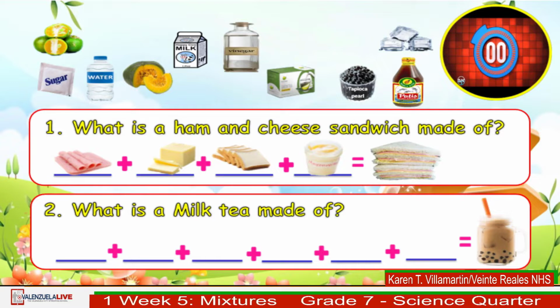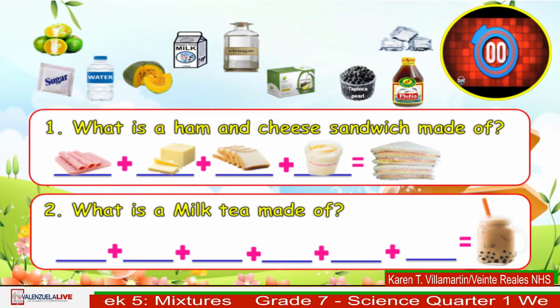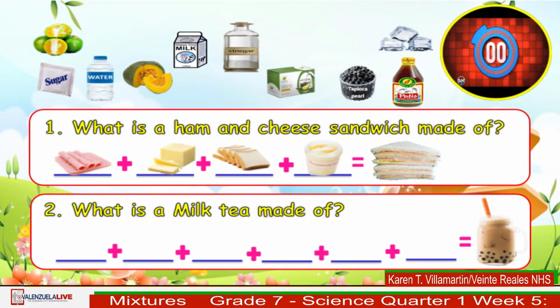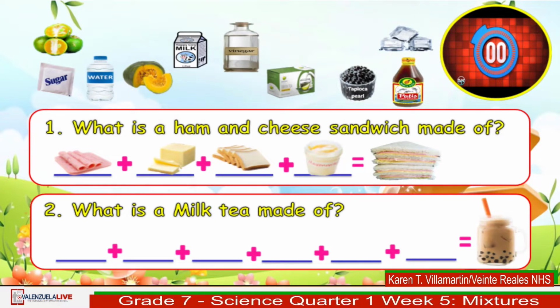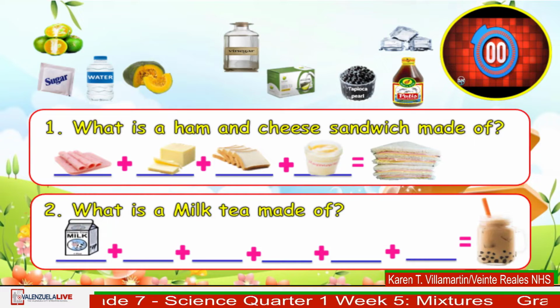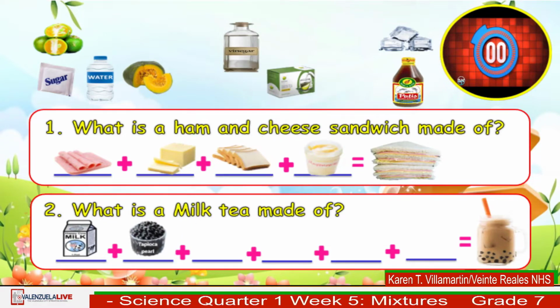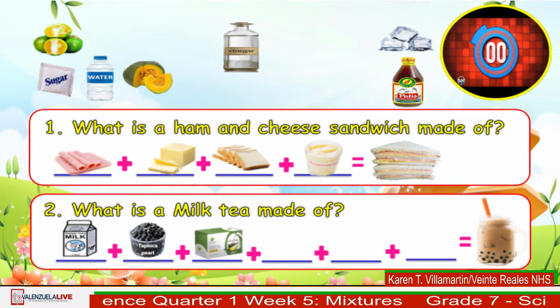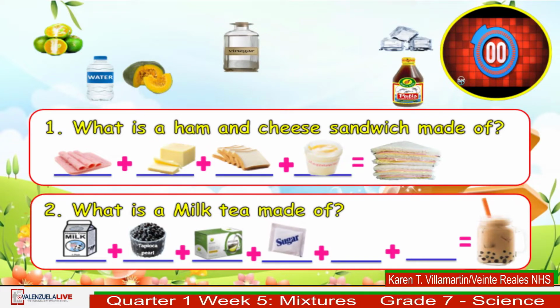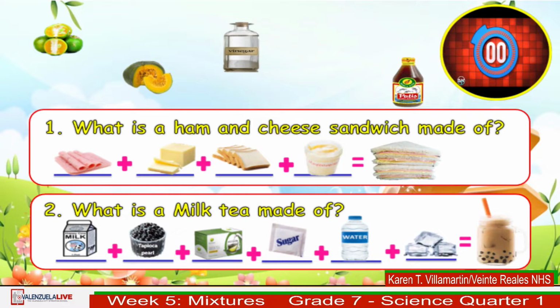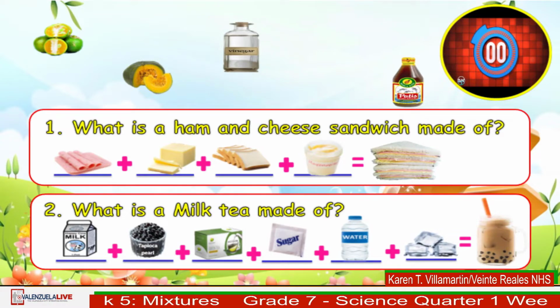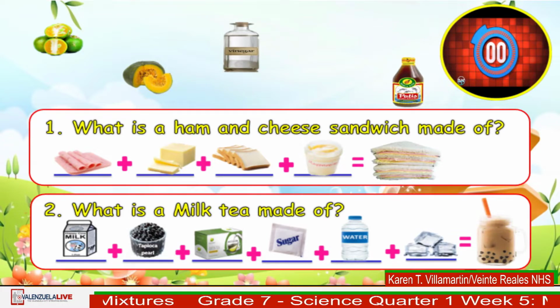Let us answer the second question. What is a milk tea made of? That is right. Milk tea is made of milk, tapioca pearl, tea, sugar, water, and ice. Very good. You got all the correct answers.